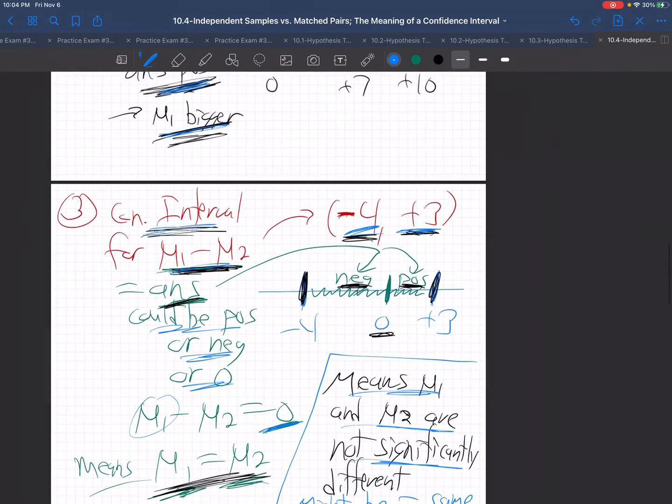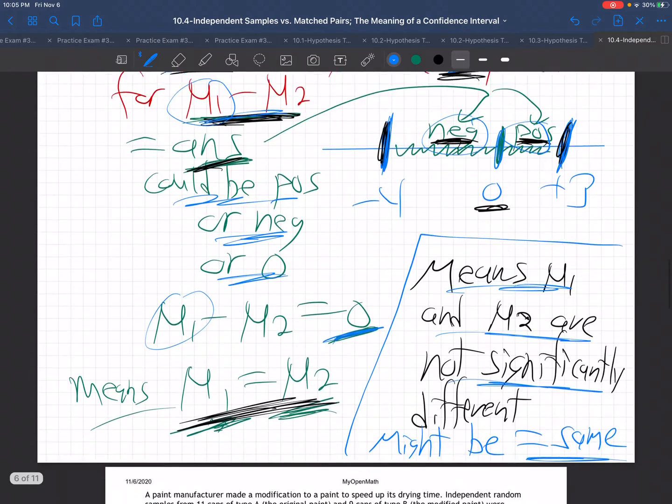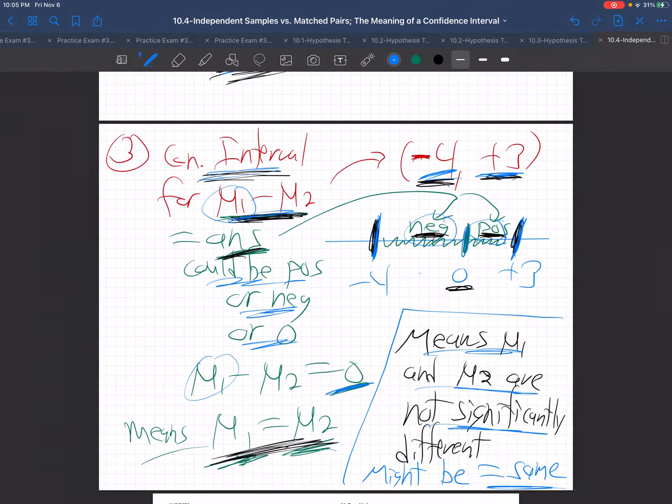Does that make sense? Right? The first number could be bigger a little bit if the difference is negative. It could be smaller. We just don't know. We're saying the answer could be anywhere from -4 to +3. It could be a negative answer or a positive or even a 0. The fact is they're just not very different. They're right around 0. So we just don't know. There's no significant result. We can't say for sure the first number's bigger or for sure the first number's smaller.